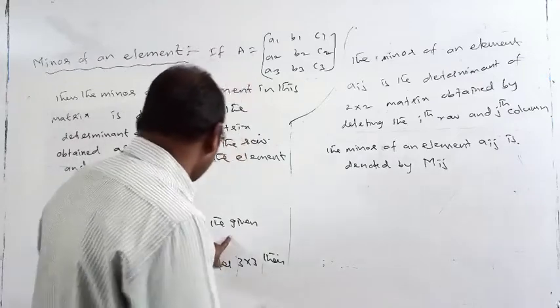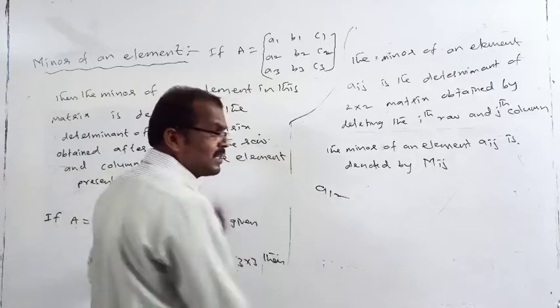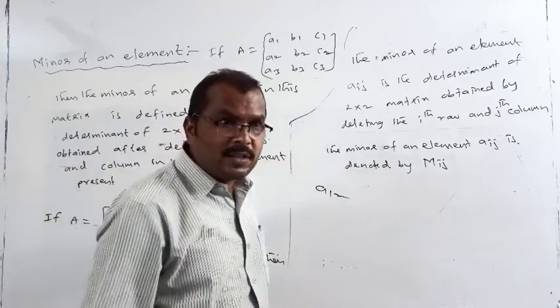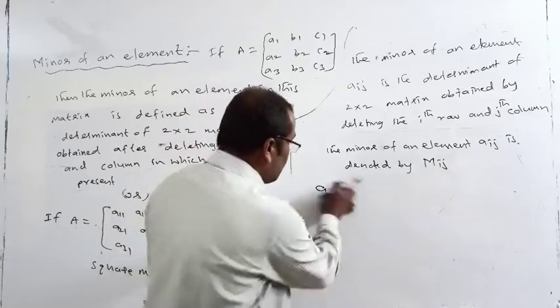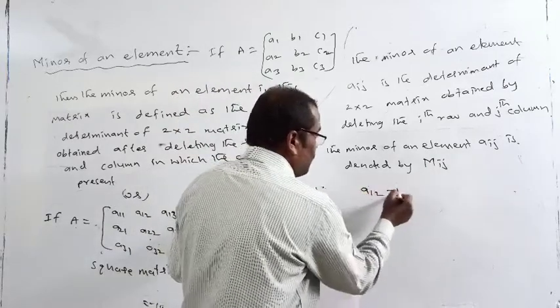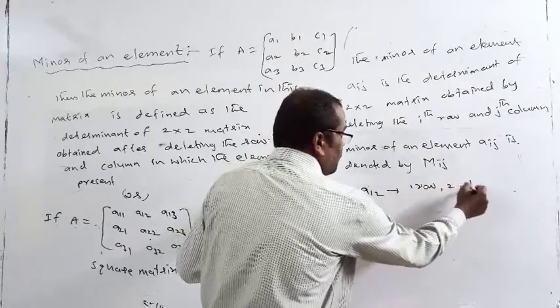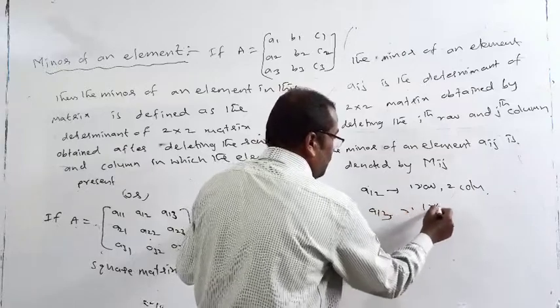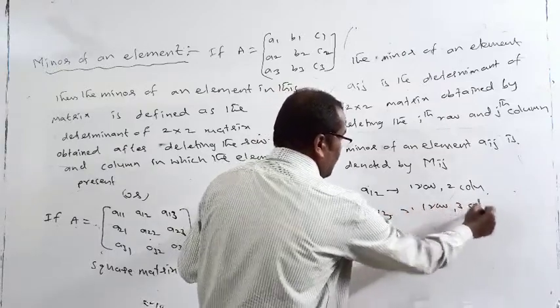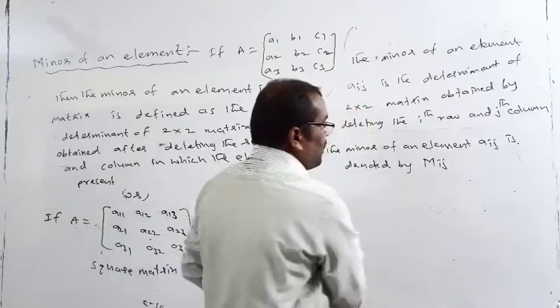Give the example. If I take A12, what is the meaning of this? The first number shows the row, the second number shows the column. So A12 means first row, second column. A13 means first row, third column. So the meaning of Aij is ith row and jth column.